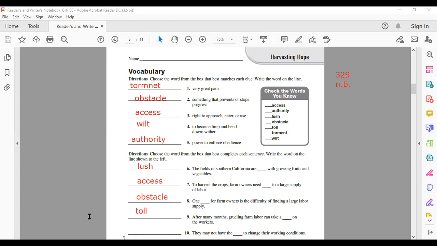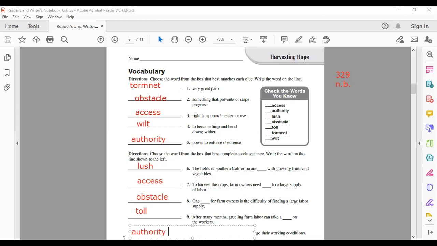They may not have the authority to change their working conditions. They are trying to change the working conditions, but they didn't have the power to do that. So what they didn't have is the power. Authority. Very good. Excellent.